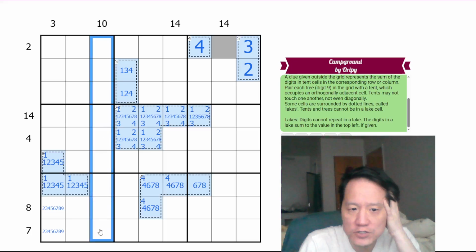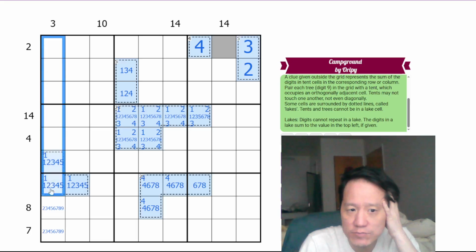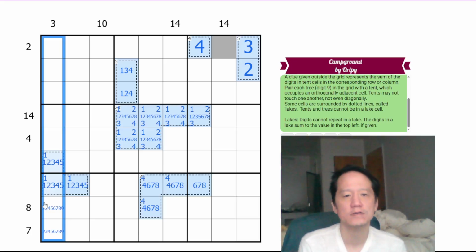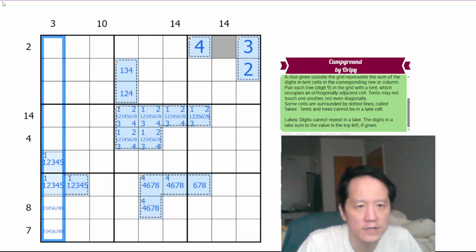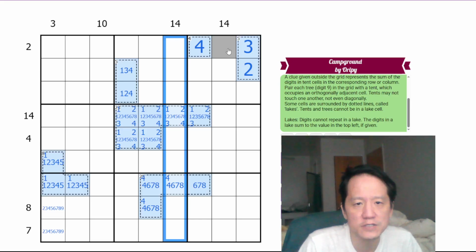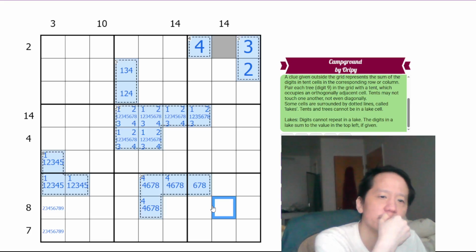So this is at least 2, this is at least 2, and this is at least 2. This is at least 1. So that now it's a total of at least 7 tents in column 1, column 3, column 6, and column 8.